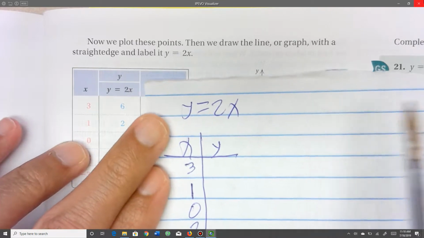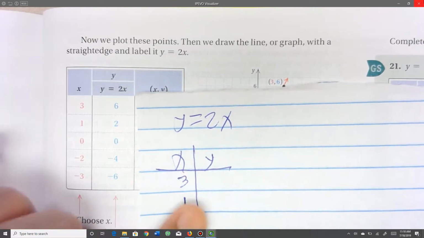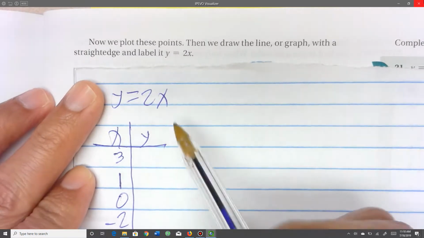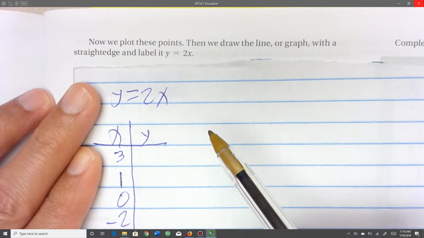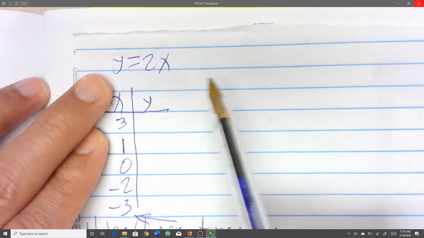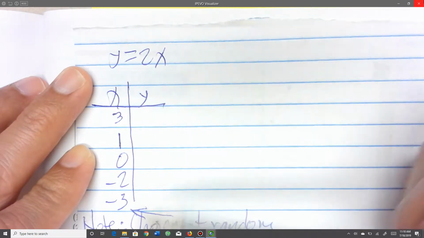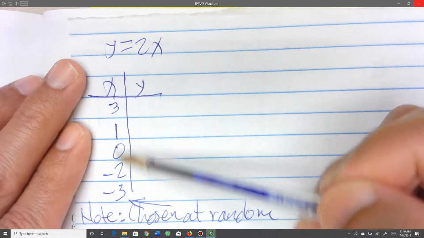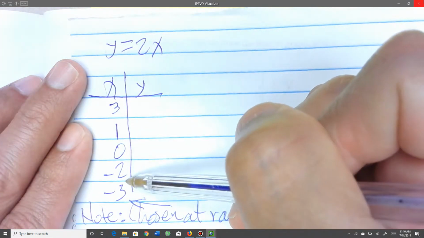I'm not going to worry about this; I'm going to use my own table here, because it's simpler. It's a lot less work, and you can use this table again and again. So the equation was this. I wrote it down here so I can have it right next to it, and I said that I chose my x values at random, and they had to be the smallest ones you can find. And they can be positive and negative if you want to.